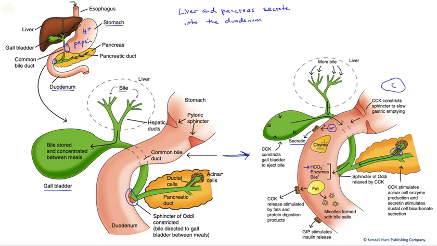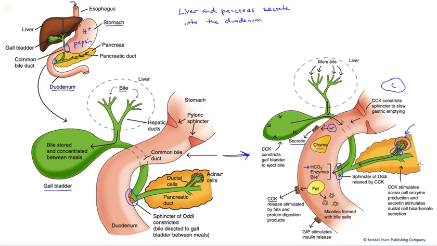Now, that chyme is also going to contain fats in many cases that are going to be stimulatory to the CCK secreting cells. CCK has a whole myriad of effects, one of which is to open up, relax this sphincter of Oddi. This is actually going to allow that bicarbonate to enter, but that CCK is also stimulatory to the acini, these acinar cells that are the enzyme-producing cells.